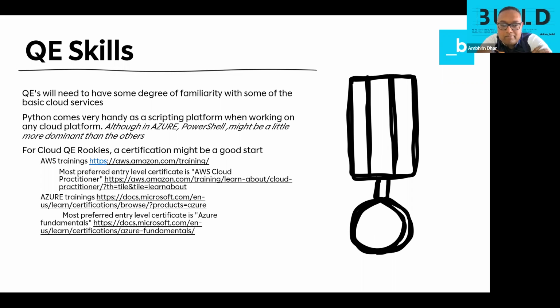To the question, what kind of new tests would you want to perform if you were testing a cloud native application instead of a more traditional one? Well, it's a very broad brush question.